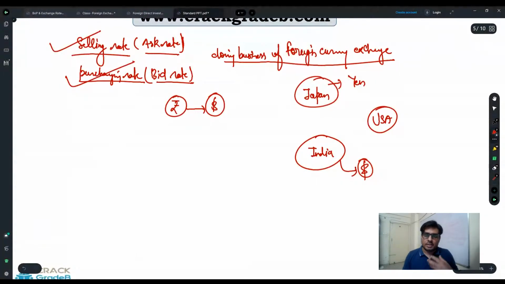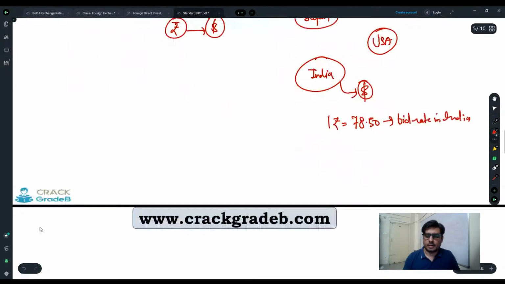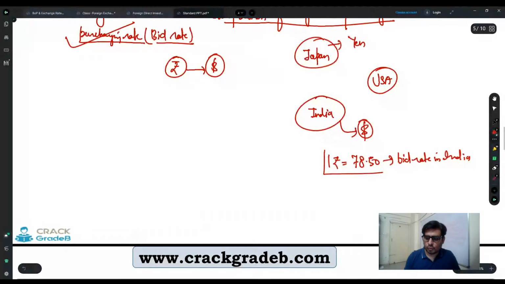So some margin can be made. For example, 1 dollar is equal to 78 rupees 50 paise. This is the bid rate in India. Bid rate in India means if you want to purchase, you can purchase $1 by paying 78 rupees 50 paise.